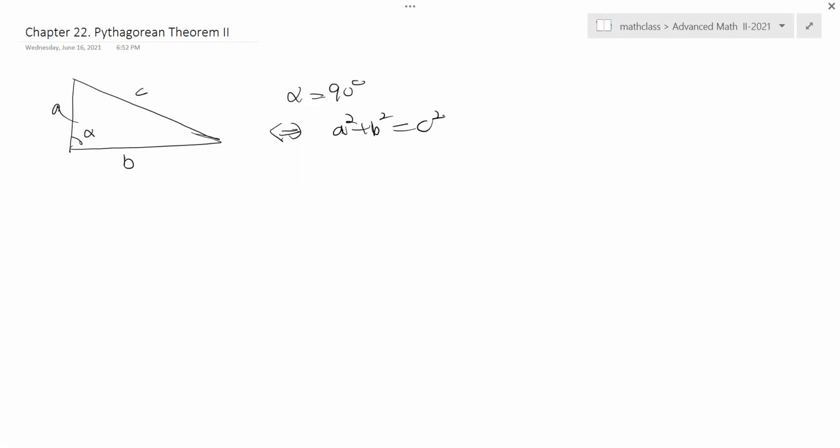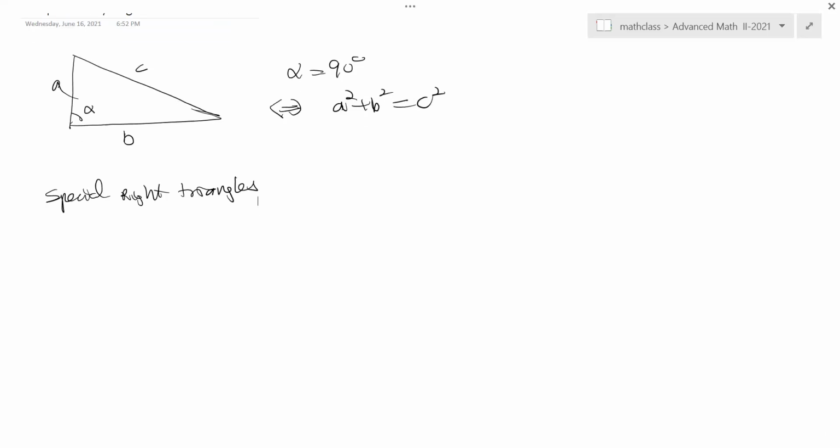And we do have several special right triangles. I hope you memorize the ones with integer lengths. The special triangle here is, I think, 2n, n squared minus 1, n squared plus 1.